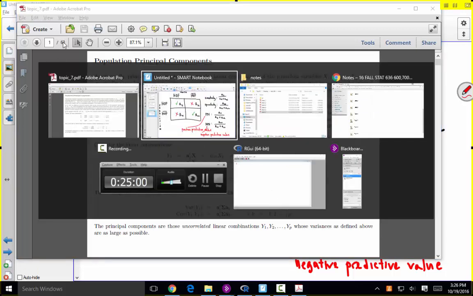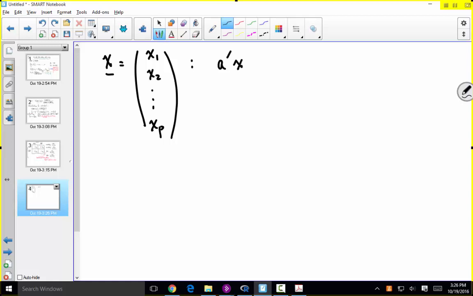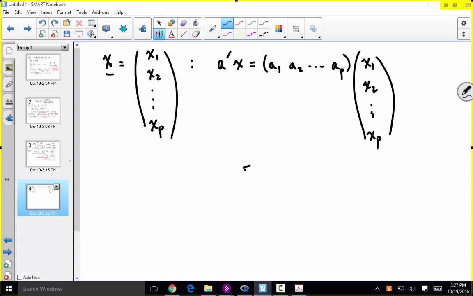A1 transpose x, if x is a vector of p variables, then if we do some vector of constants, transpose x, it equals a1 x1 plus a2 x2, and so on. This linear combination of the x's.